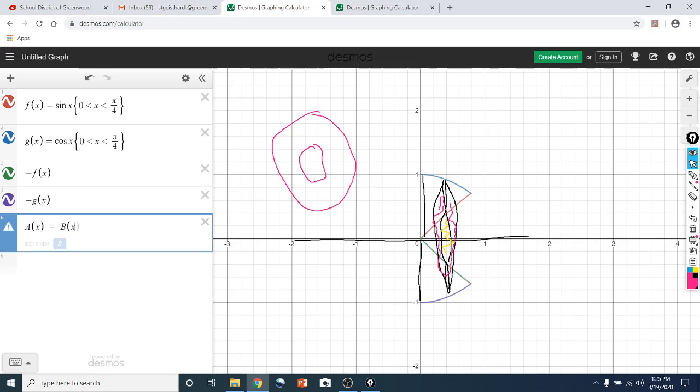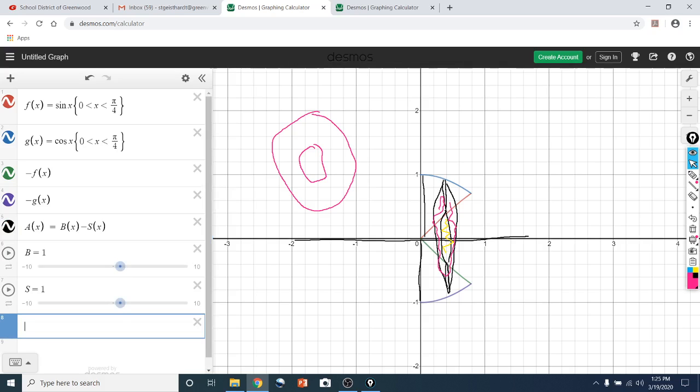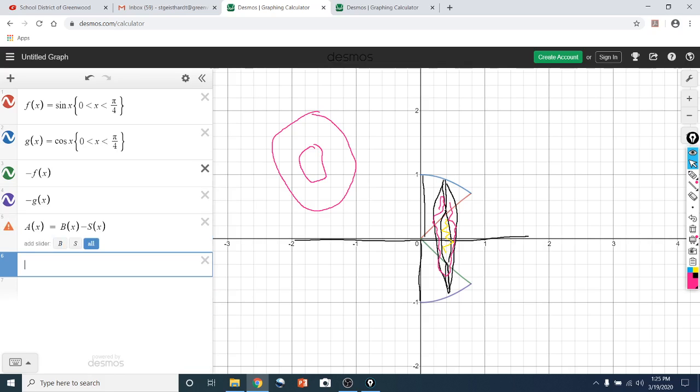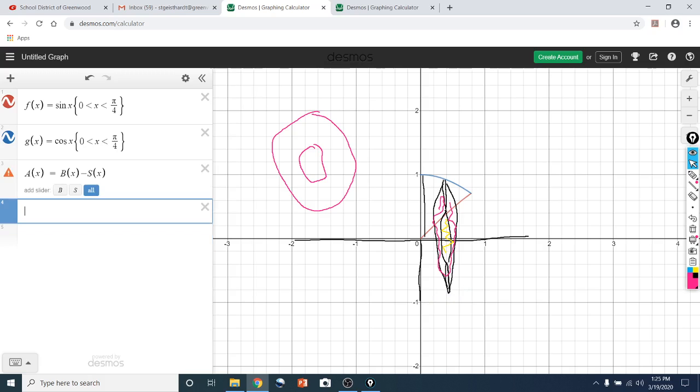So the big, that's the full radius, that right there is the radius.